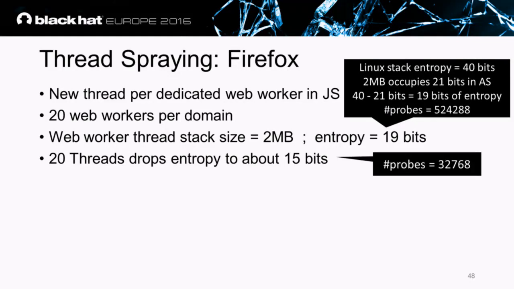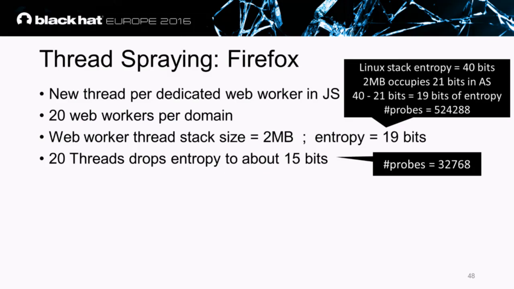But the number of web workers is limited. You can just create 20 web workers per domain name. And the web worker thread stack size is 2 megabytes, and the entropy of this stack is 19 bits.